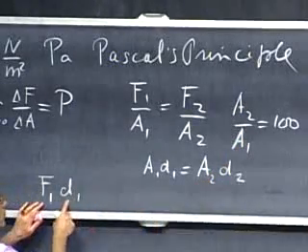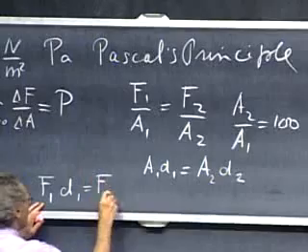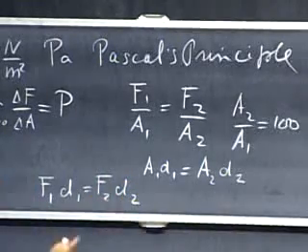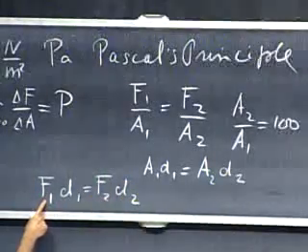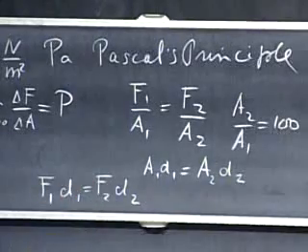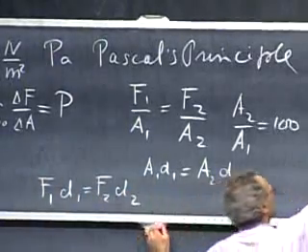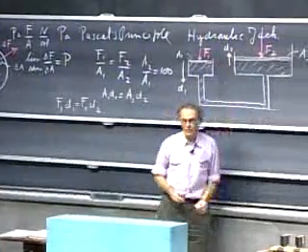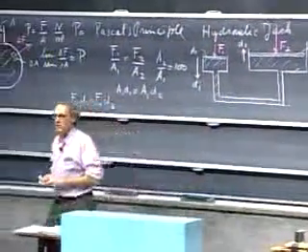And so F1 d1 will be the same as F2 d2. 100 times lower force, but over 100 times larger distance. And so the product is the same. So the work that I do when I push this down, I get back in terms of gravitational potential energy by lifting the car.